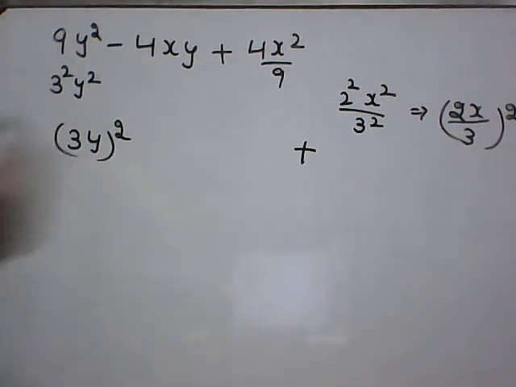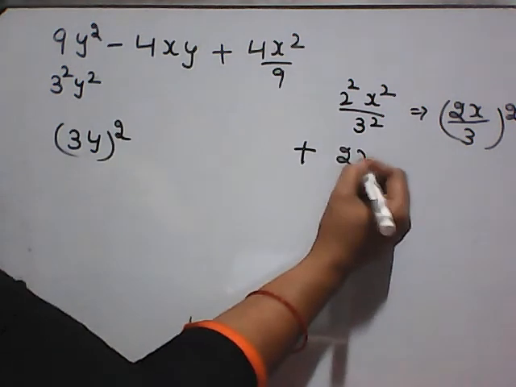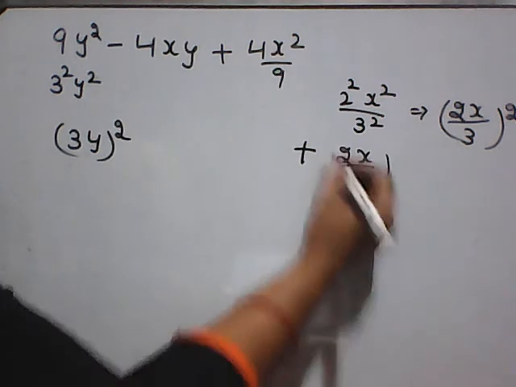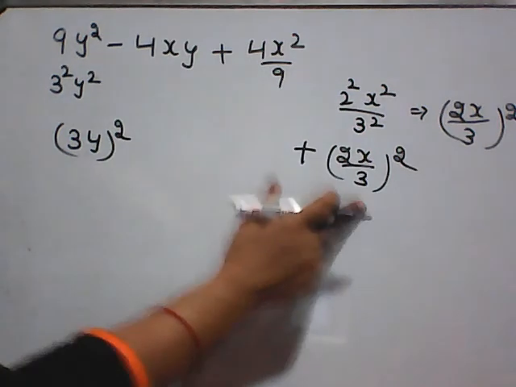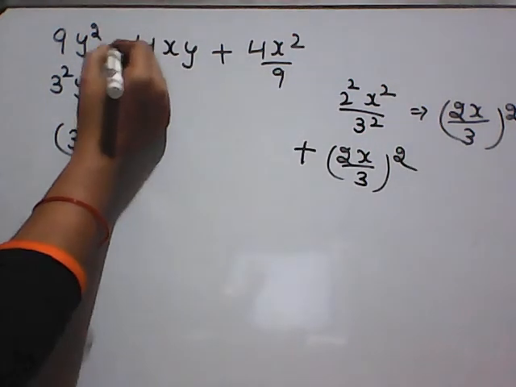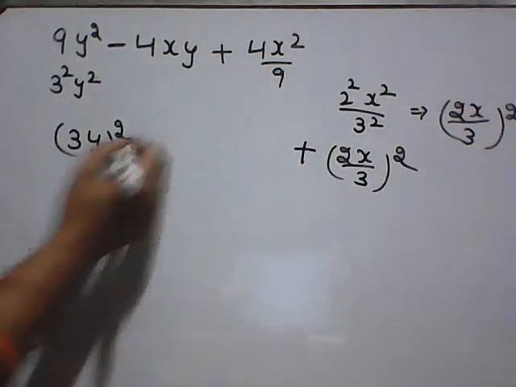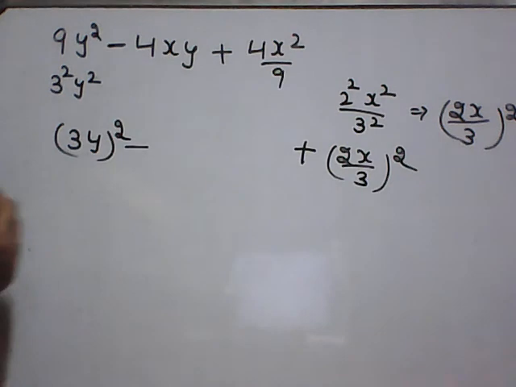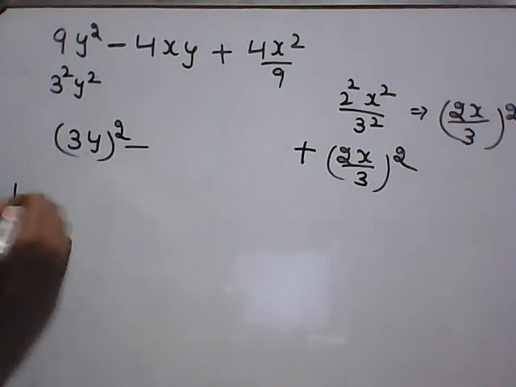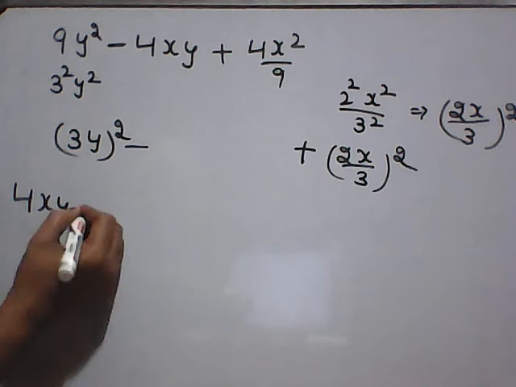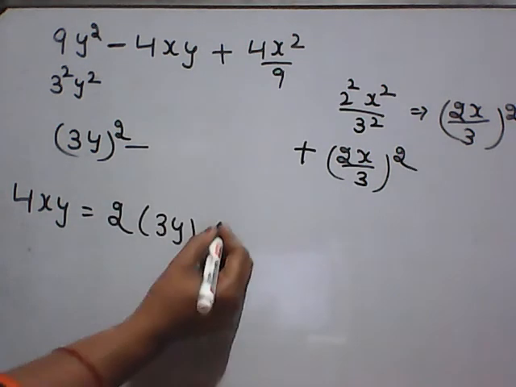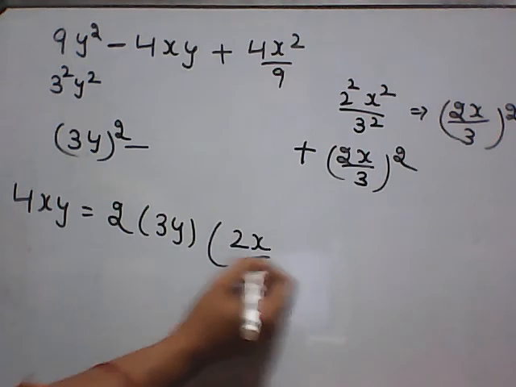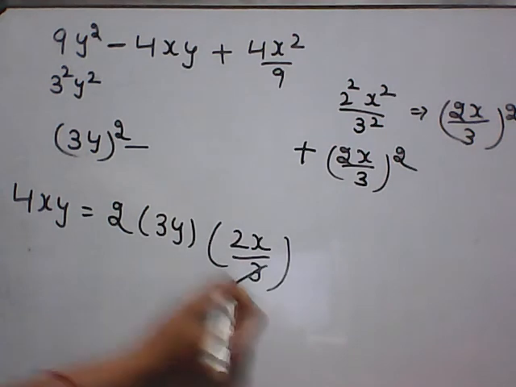Now it is (2x by 3) whole square. The first and the third terms are perfect squares with a negative sign before the middle term. Minus 4xy can be written as 2 into 3y into 2x divided by 3. Here 3 is cancelled out with 3.